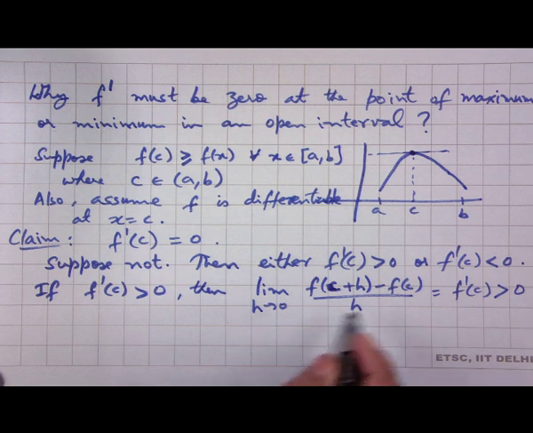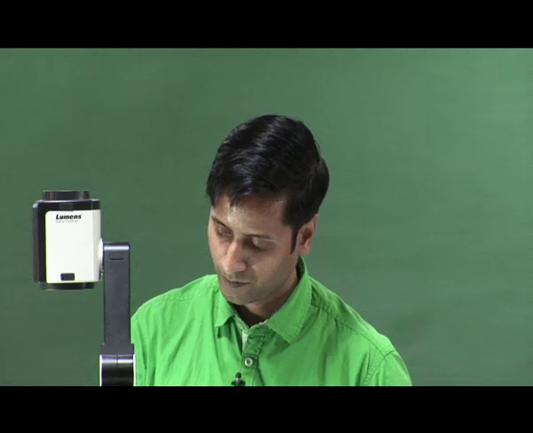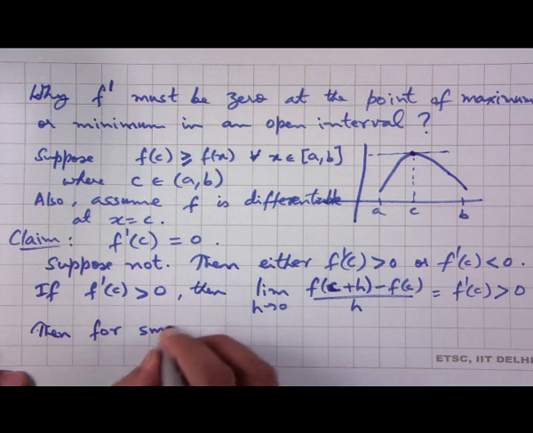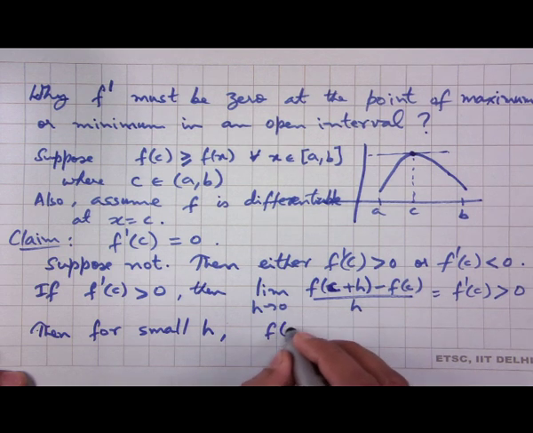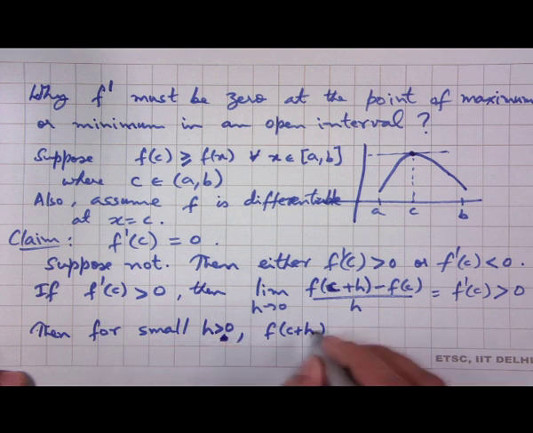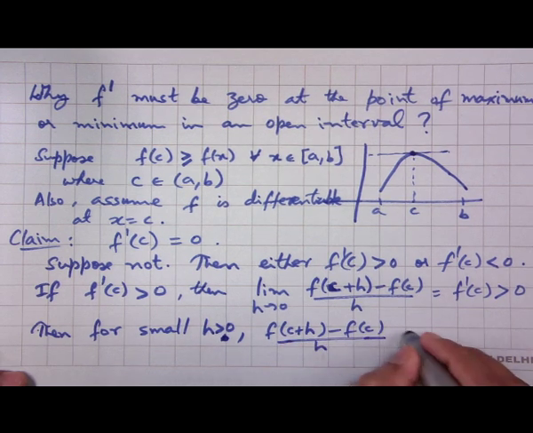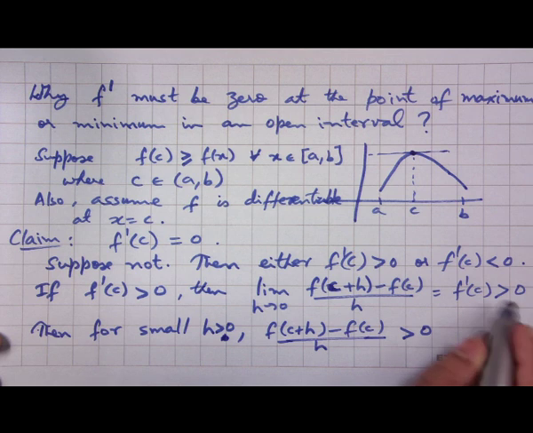Now, if this limit is greater than 0, then for small h, f of c plus h minus f of c by h must be greater than 0, because if it was less than or equal to 0 for all small enough h, then in the limit this has to be less than or equal to 0.